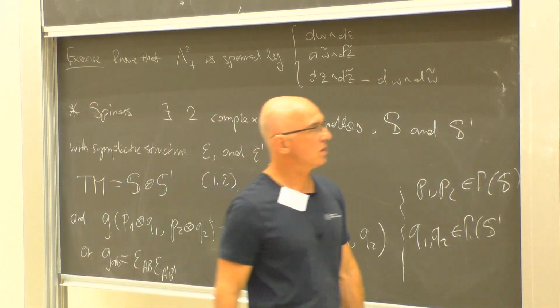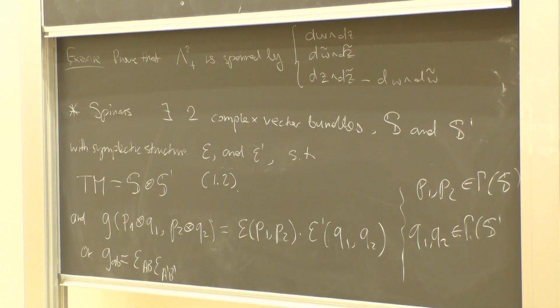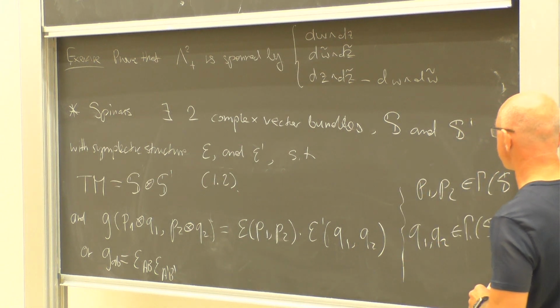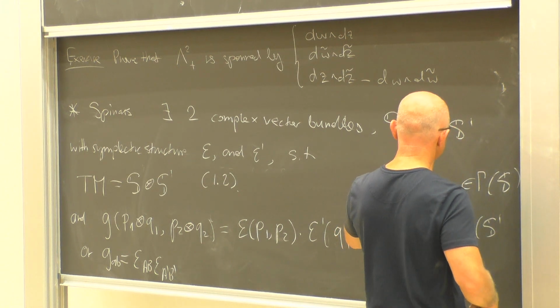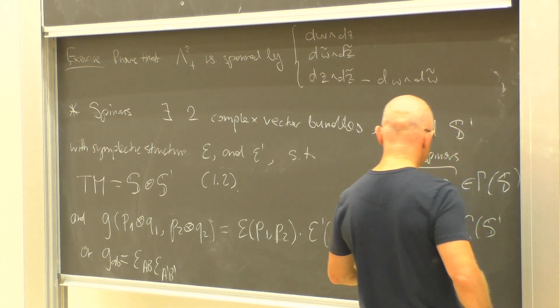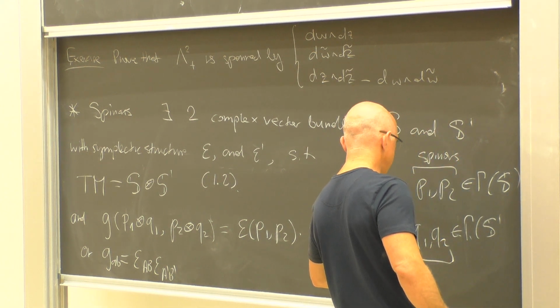Okay, and so here the indices A and B run from 1 to 4, and the capital letter indices label the sections of S and S prime. These sections are called spinors. So these are spinors, and these are spinors. They belong to different spin spaces.